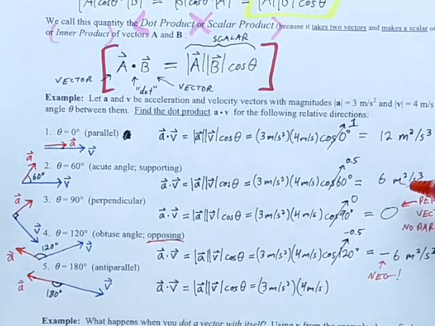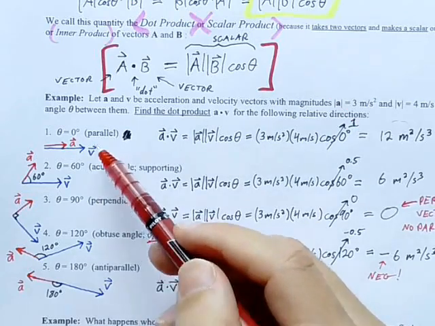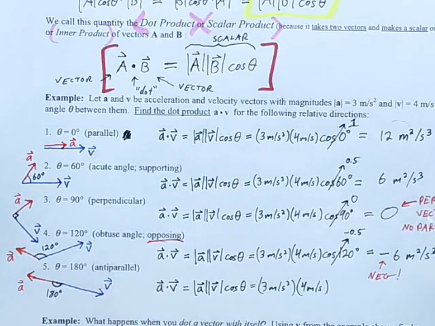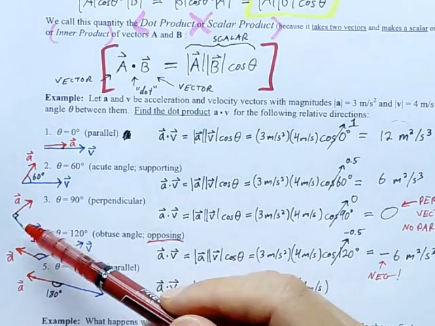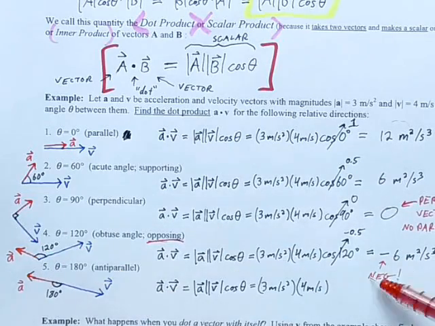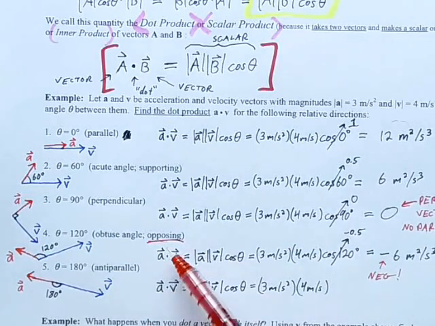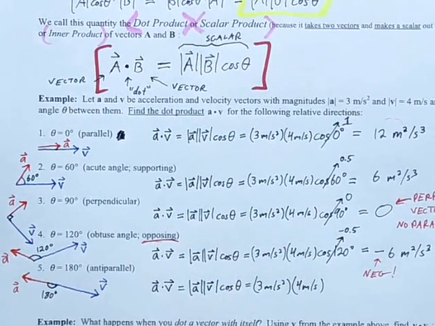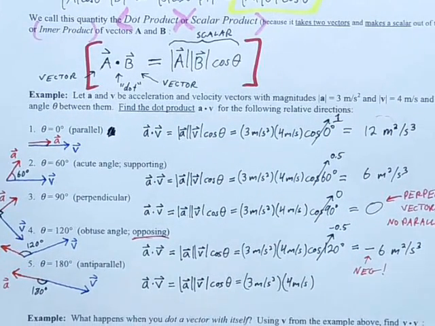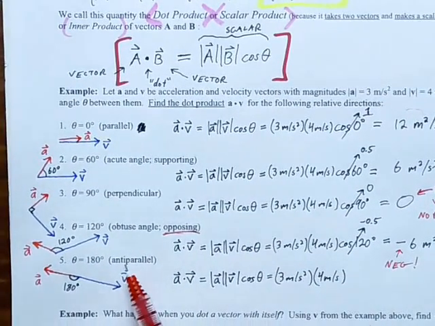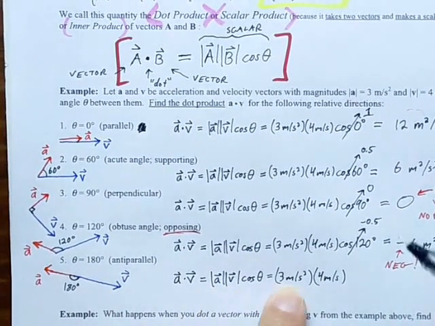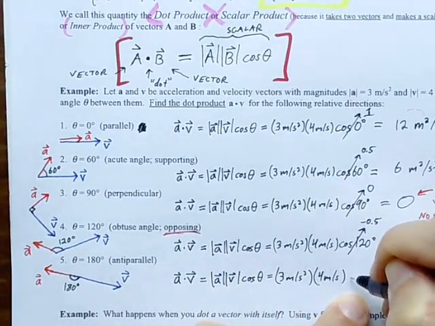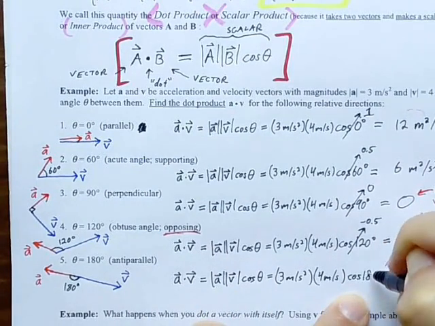If the dot product is positive, that's telling us that they're supporting one another, or at least partially supporting. If the dot product is 0, they're exactly at a right angle. If the dot product is negative, that's telling us that they're partially opposing one another. And then lastly, if they're perfectly anti-parallel, 180 degrees apart, then A dot V is AV cos theta, 3 meters per second squared times 4 meters per second times cosine 180 degrees.